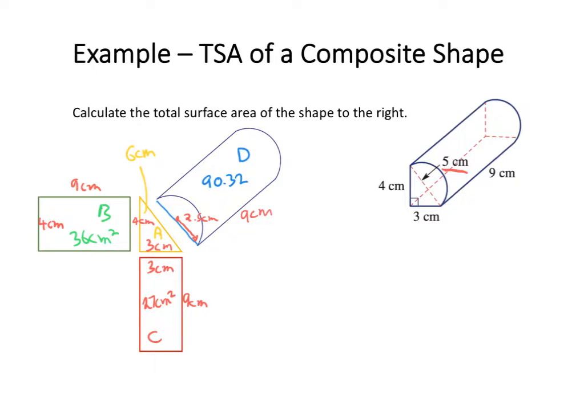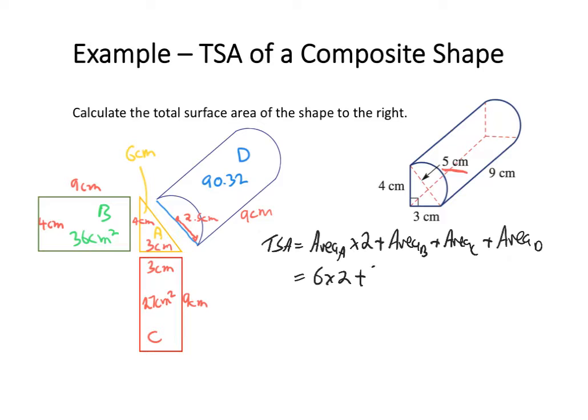Total surface area is going to equal area of A, that's my triangle, and I have one of those at each end, so I need to times it by 2, plus area of B, plus area of C, plus the area of my semi-cylinder, area D. Substituting in those values, 6 times 2 plus 36 plus 27 plus 90.32.